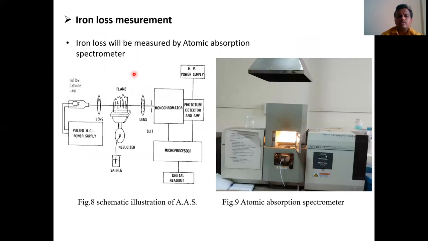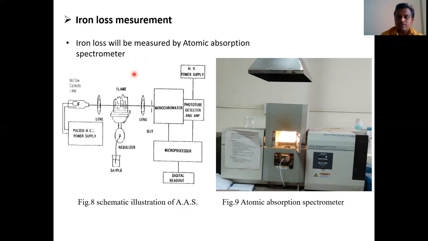Then the third corrosion measurement technique is the atomic absorption spectrometer. This is a direct measurement of ion loss, specifically used to measure the ion loss. Whatever experiment we conduct in the beaker, we take 3.5% NaCl.